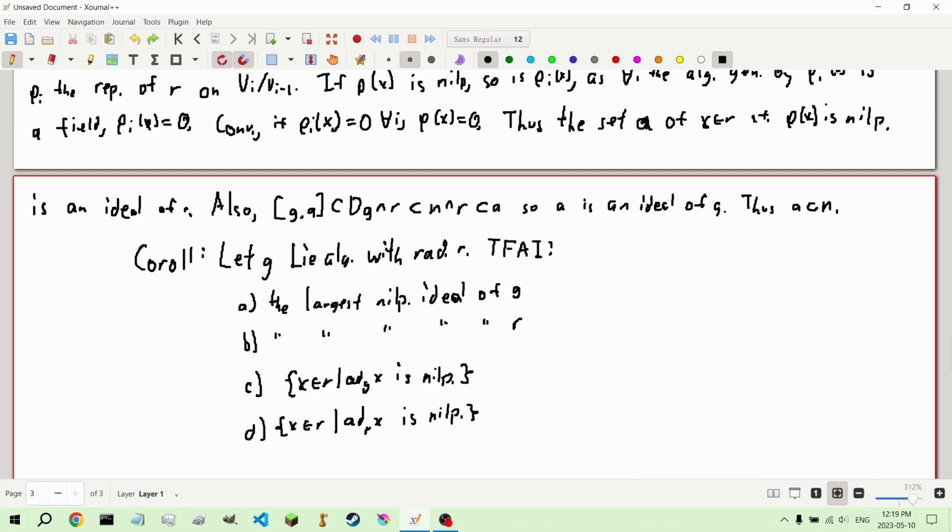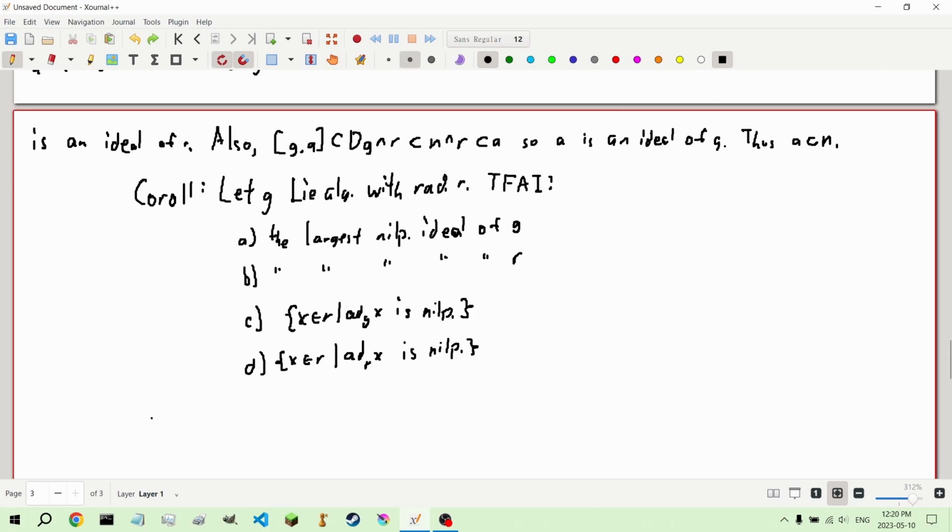Oh, wrong button. Proof. We have A is inside of B, has to be inside of D, has to be inside of C by definition.